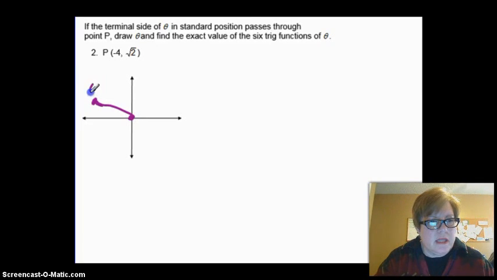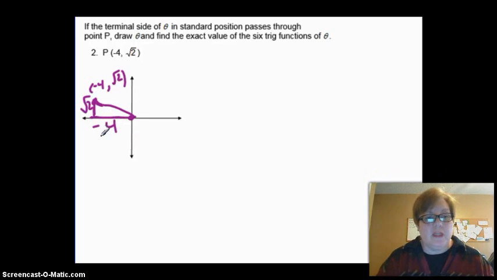And we are at -4, square root of 2, which means this side of our triangle is going to be -4, and this distance is the square root of 2. Now, I know many of you, your geometry teachers would have smacked you if you wrote -4 down as a side length, because distance is never negative.